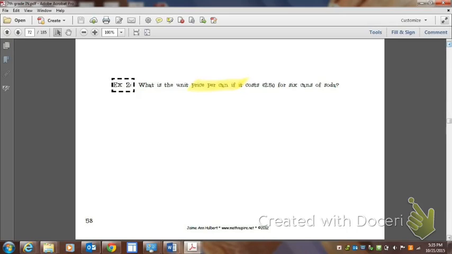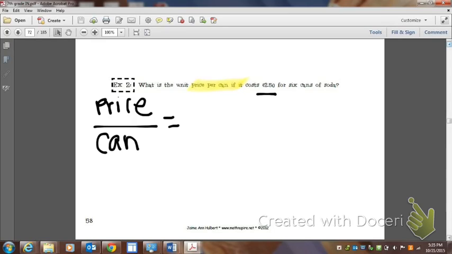Price per can. So I know I'm going to read left to right, top to bottom. So I'm going to first set my ratio as price per can. What it costs is $2.50. And for $2.50, I can get 6 cans. So that's just for setting up my ratio.